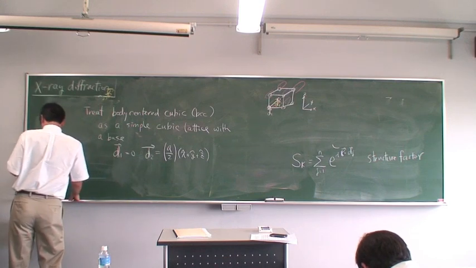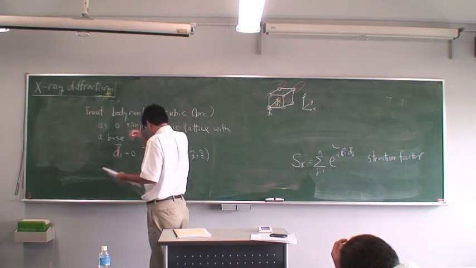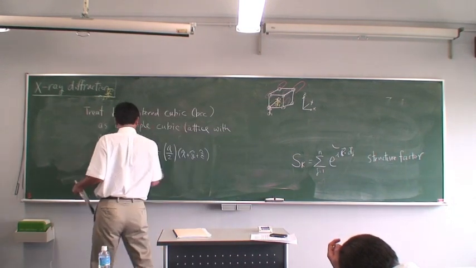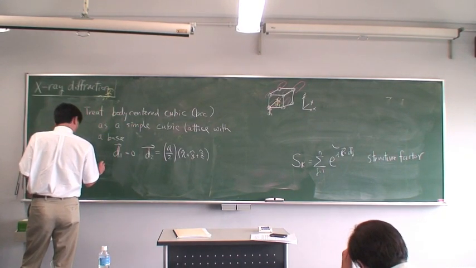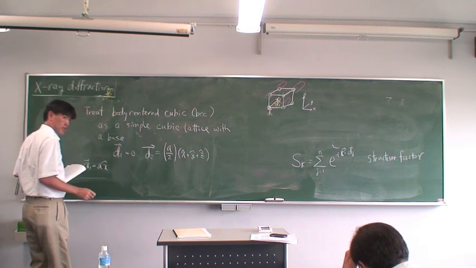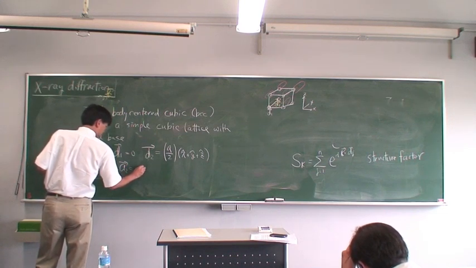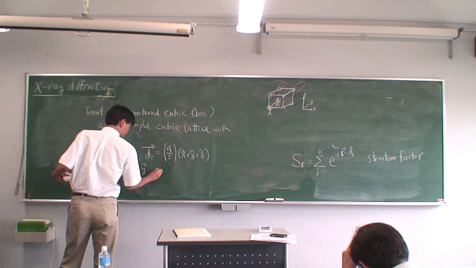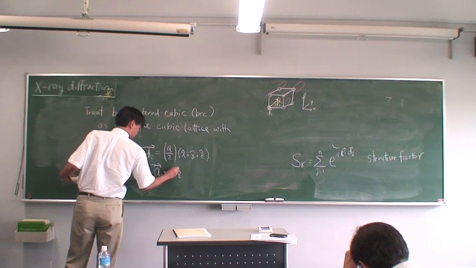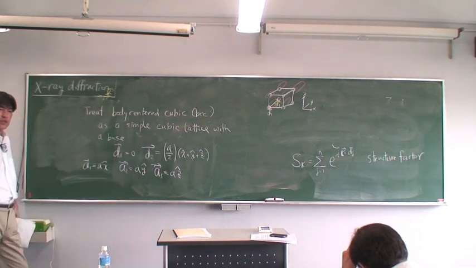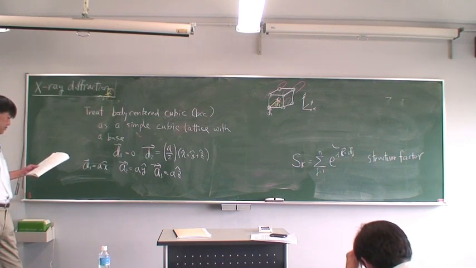So now we have a1 equals a x, simple cubic lattice, a2 equals a y, a3 equals a z. Right? This is just the three primitive vectors for the real space, simple cubic lattice.